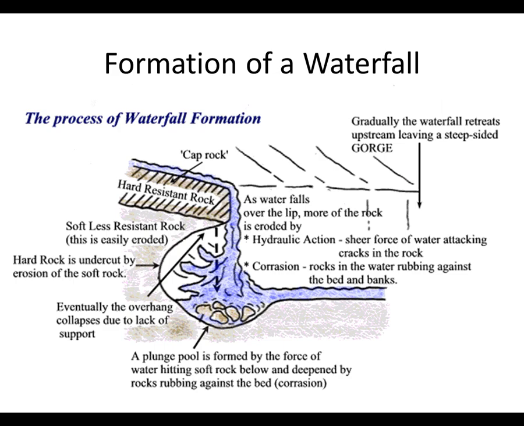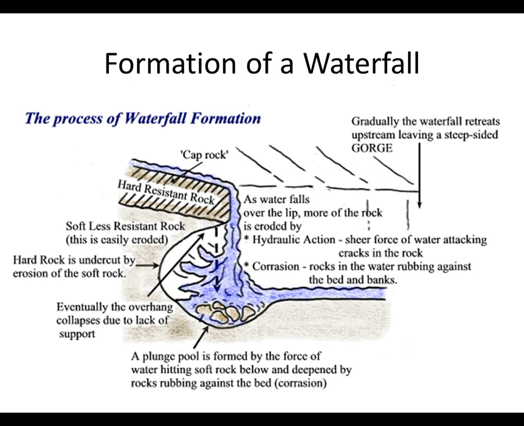So, formation of a waterfall. What you have is basically hard rock that lies on top of less resistant rock. So again, you're linking in your Mohs scale here, the geology of the land.